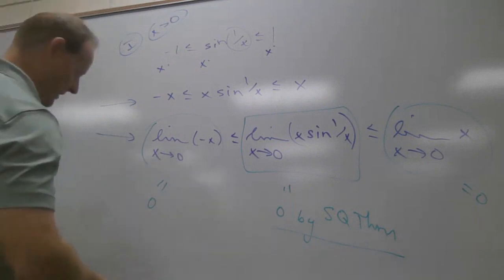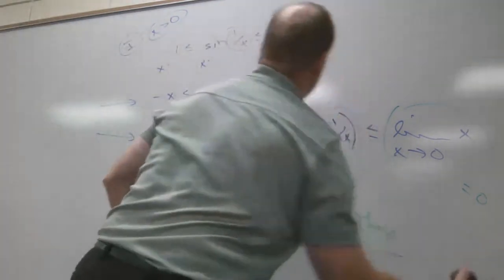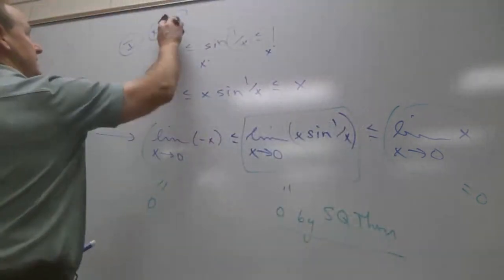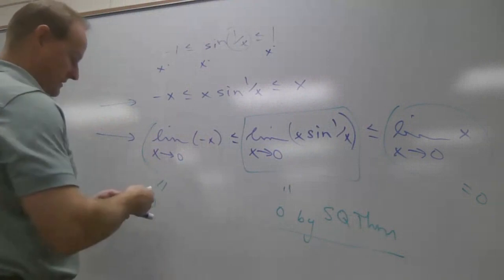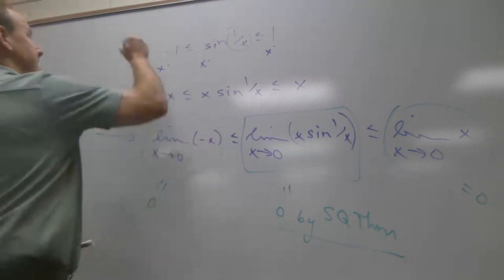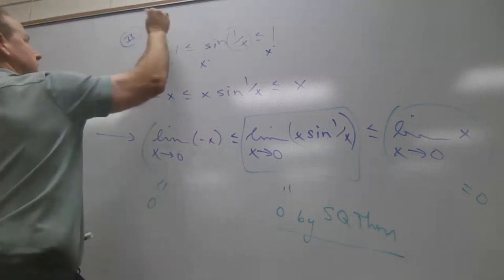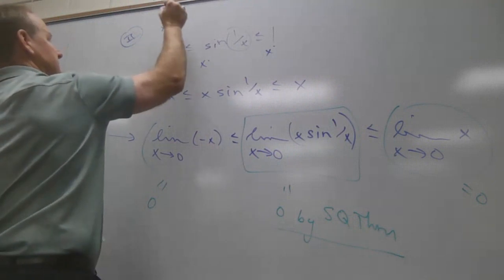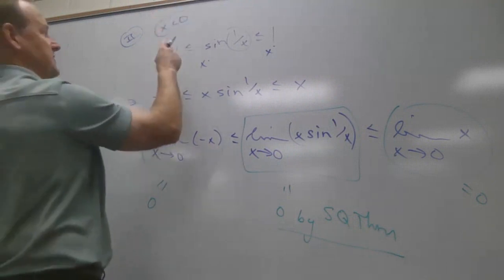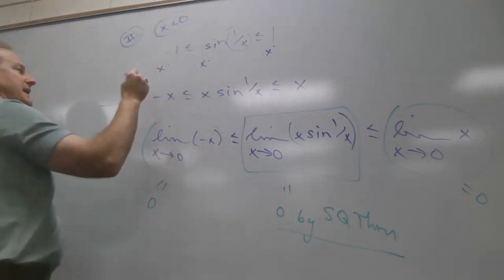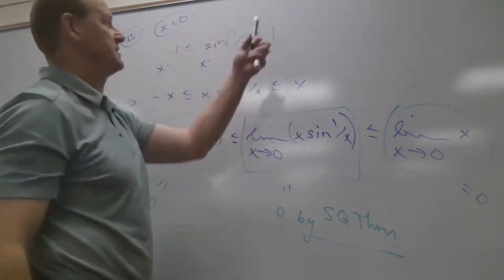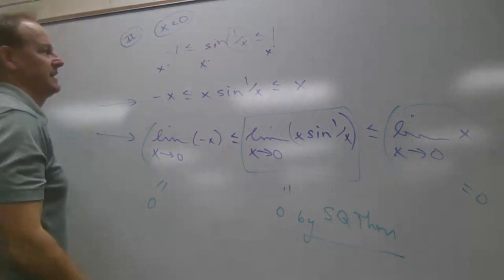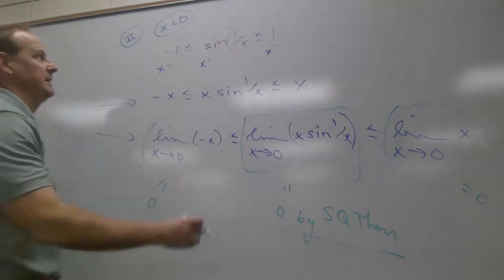Anyway, now let's try it again and do case 2. Let me go to case 2, and I'm just going to erase this now. Case 2 is when x is less than 0. And if x is less than 0, first of all, I still have that -1 is less than or equal to sine 1 over x, which is less than or equal to 1, because sine of anything is bounded by plus and minus 1.